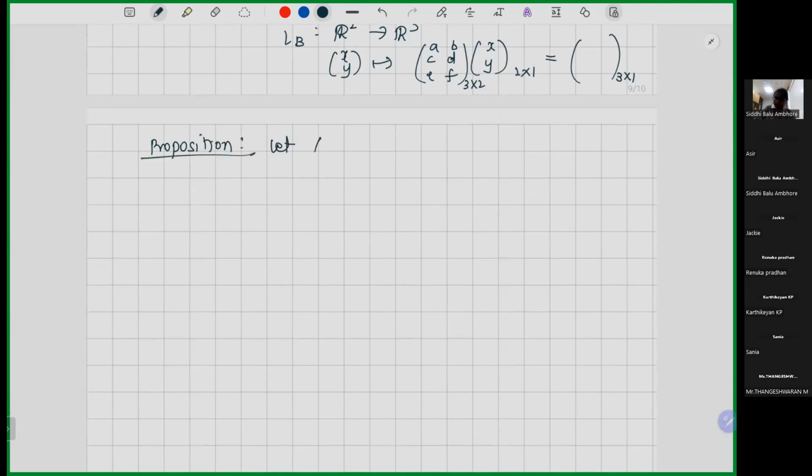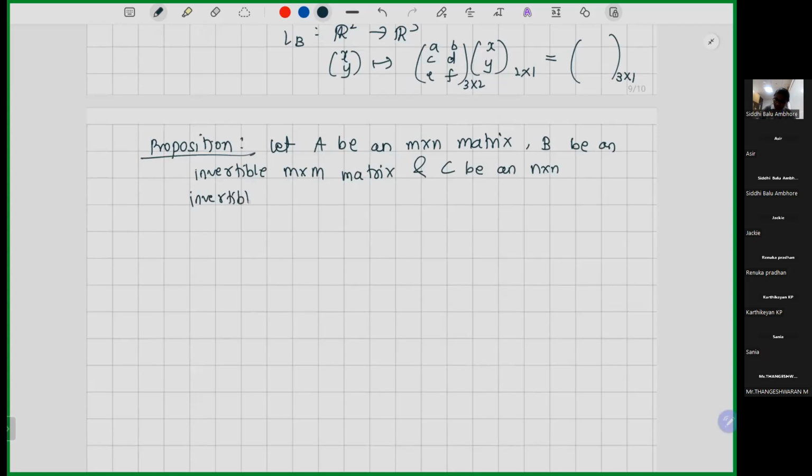Let A be an M cross N matrix, B be an invertible M cross M matrix, and C be an invertible N cross N matrix.